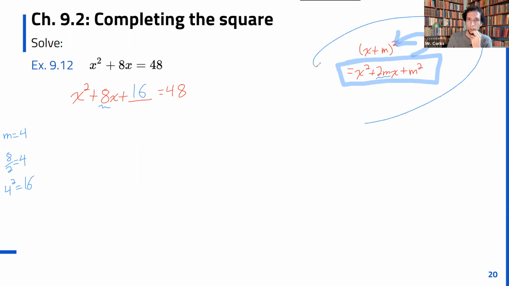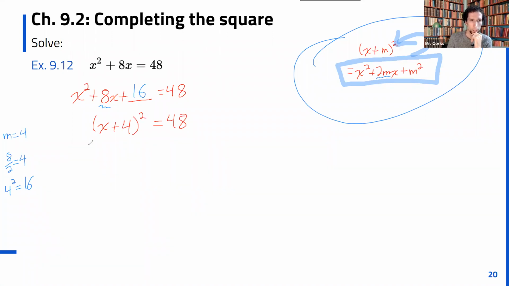And now we can do the thing that we have on the right here and go from the bottom one up to the top one. So what is the next line of this going to be? All right. What do we have on the left? x plus 4 squared.